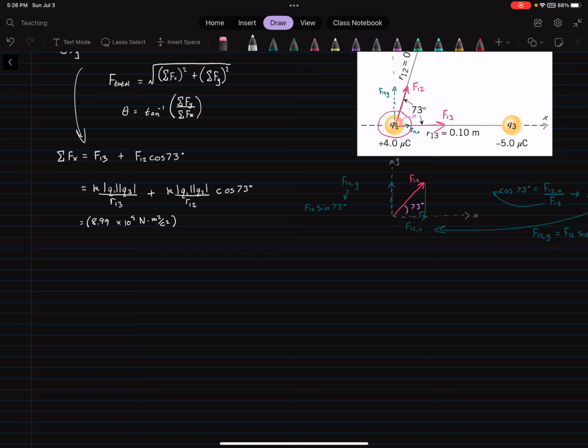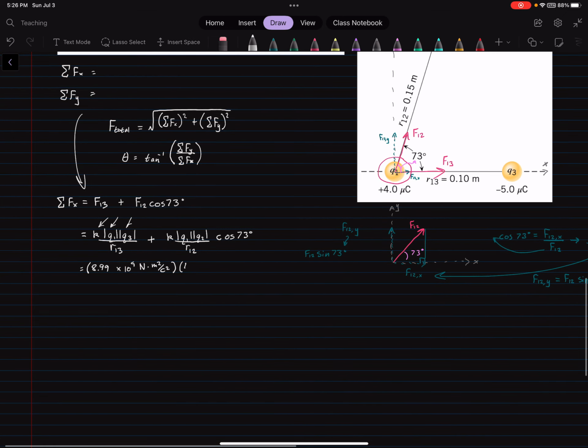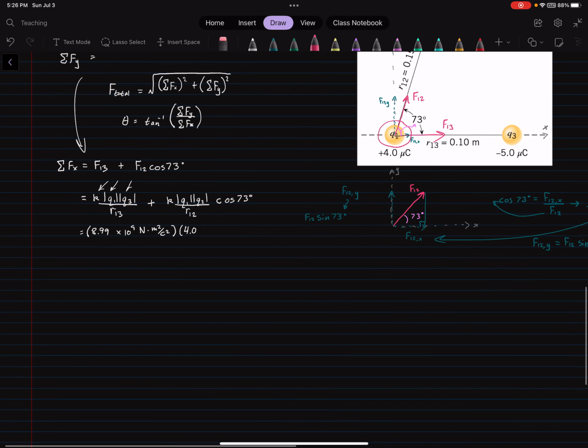So I'm working my way here, just writing these points down. The next one is charge 1, which is 4.0 microcoulombs. So that's times 10 to the negative 6. Look up metric prefixes. You can Google for images, and they have some really slick ones.